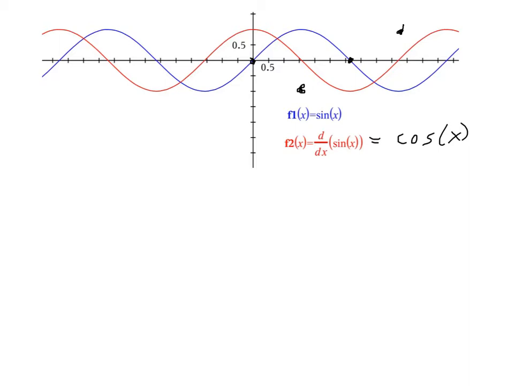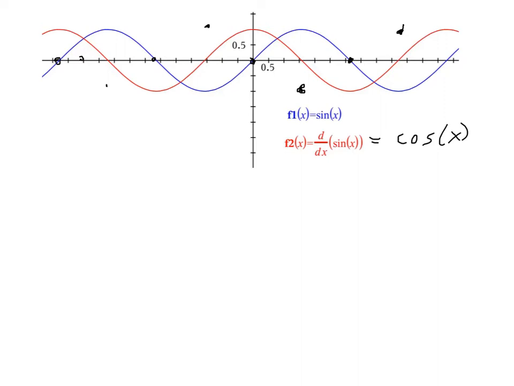It will repeat itself just as we go, like that.